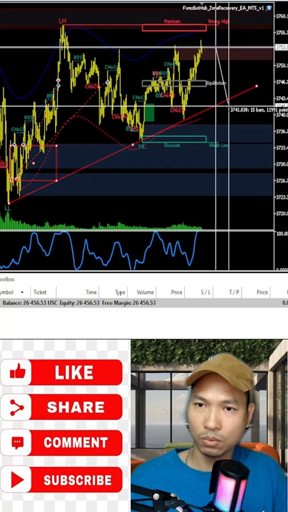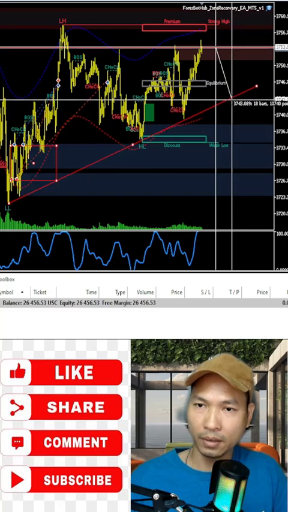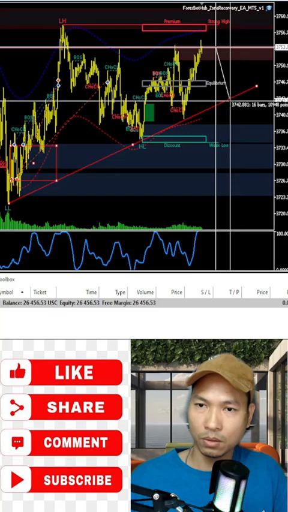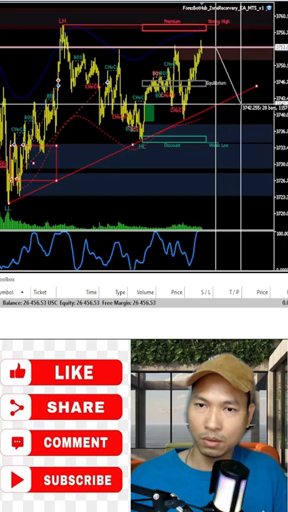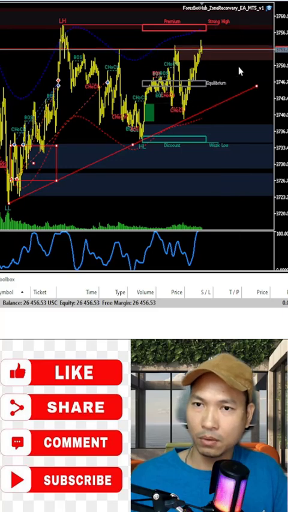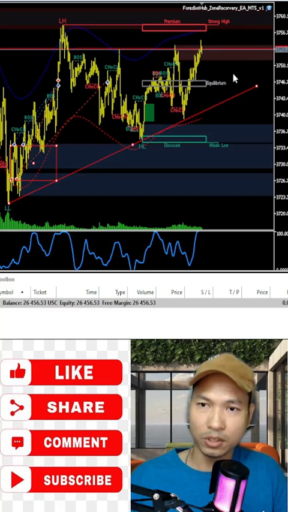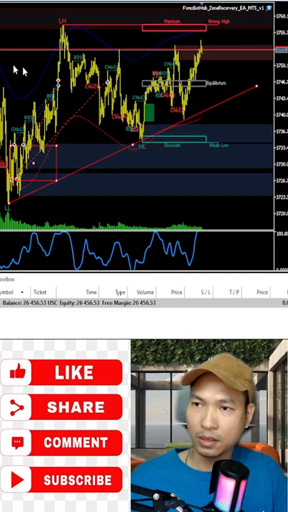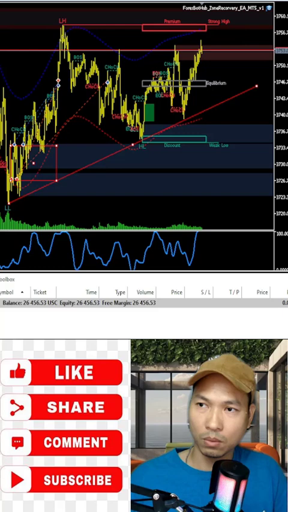So the price can go back to retest the trend line, then we can finish the trades with only one trade. Right now we can enter the trade with the sell, the first position.